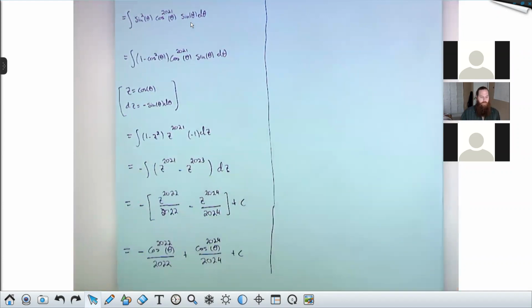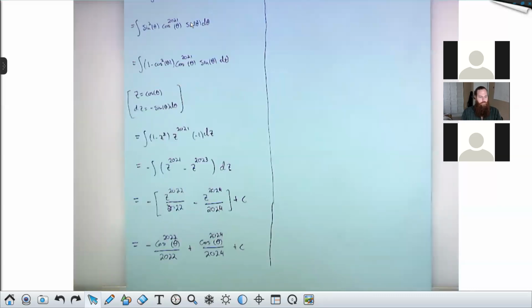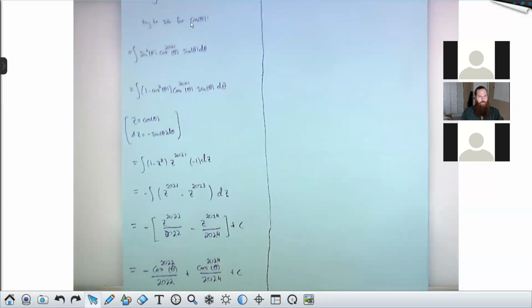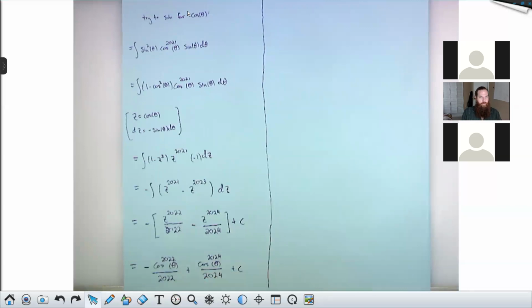Okay. So this is how we would solve the problem if we chose to try and substitute for cosine. You want to substitute for cos, that means you set aside a copy of sine and try to rewrite everything else as cosines. That's manageable. It's not hard. And the integral you get out is also not difficult.